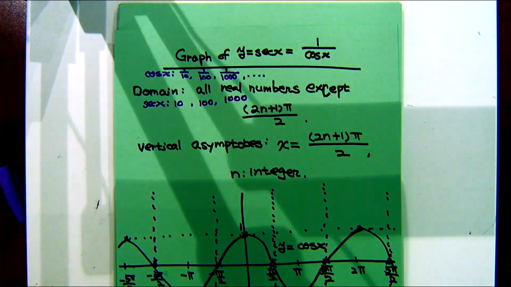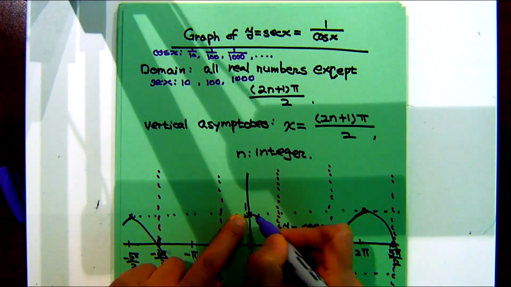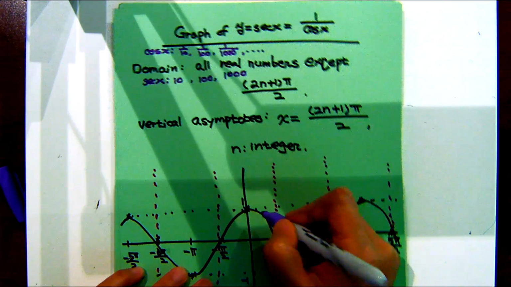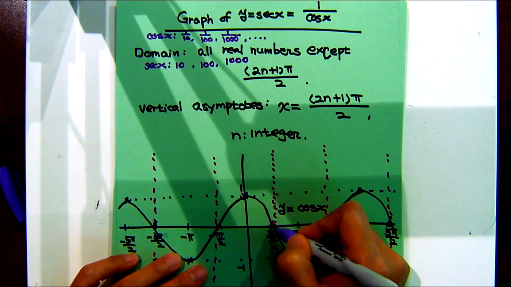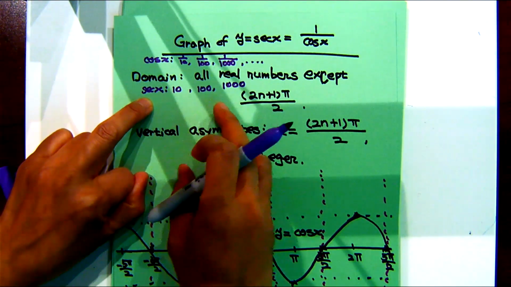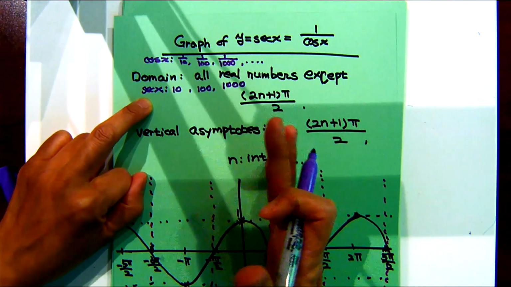When we visualize that, when cosine is 1, 1/1 is 1. So they will share this point. But when the cosine value gets smaller and smaller, approaching 0, as you can see here, the secant value will get larger and larger indefinitely. And this is a vertical asymptote.